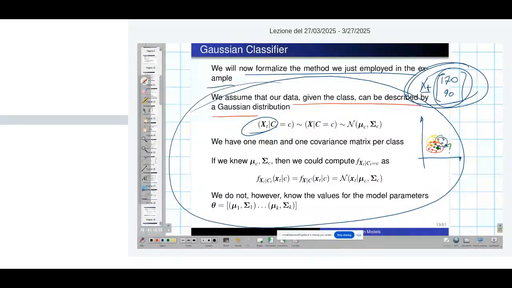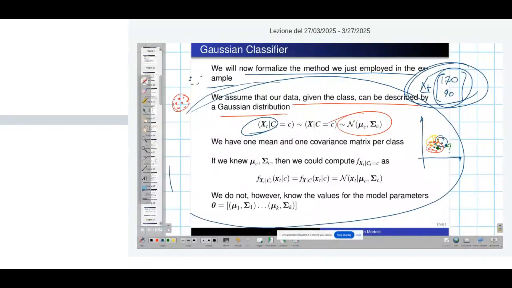Now, again, we assume that the samples of each class can be modeled by a Gaussian density. So for each class, we assume that we can model the samples of the class as being generated by a Gaussian density. So in 2 dimensions, it's difficult to draw them, but I will have a 2D density for the samples of one class. And then I will have another density for the samples of the other class, and so on. But I prefer to draw it in this way because the 3D drawings are not that good.